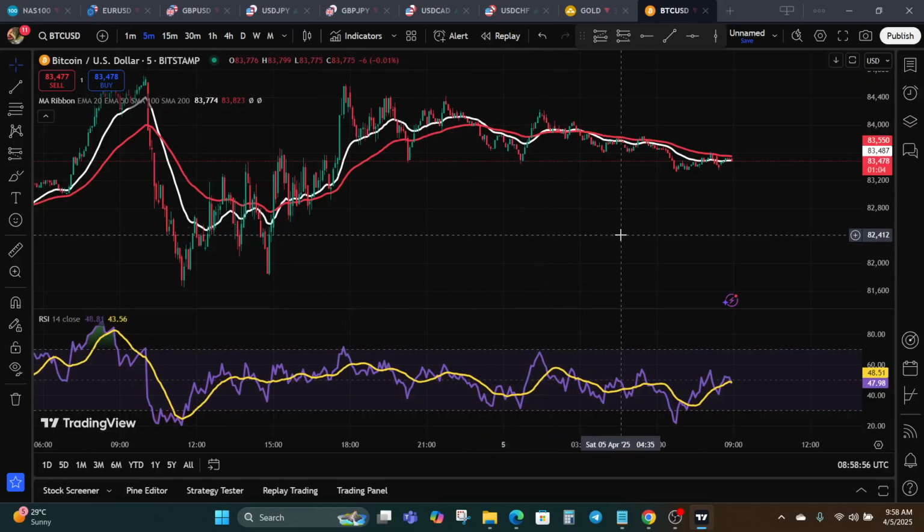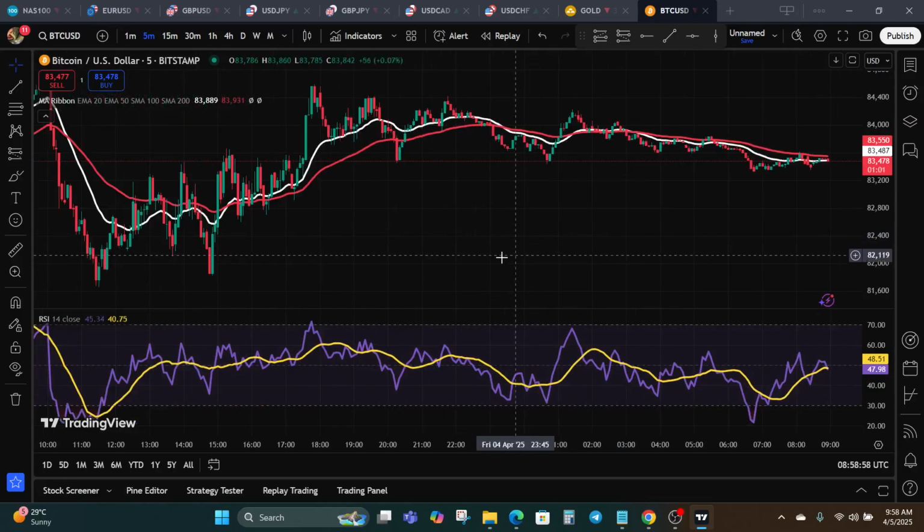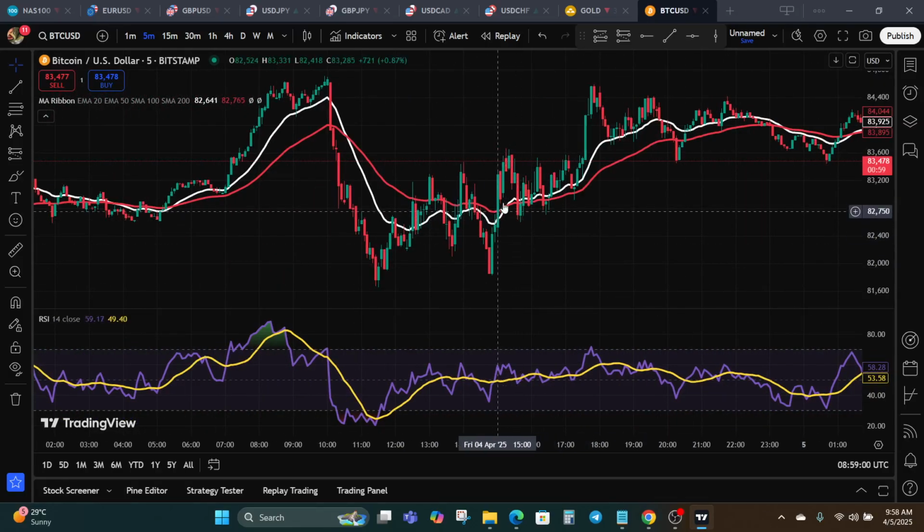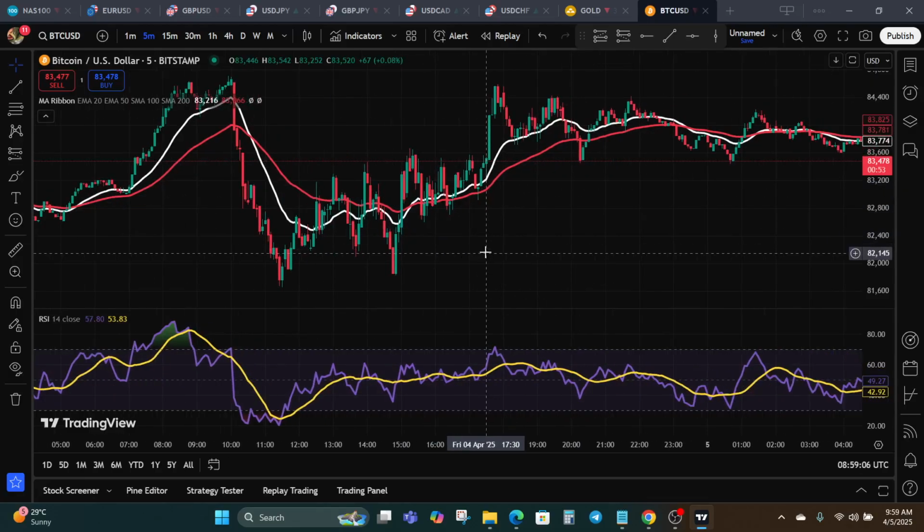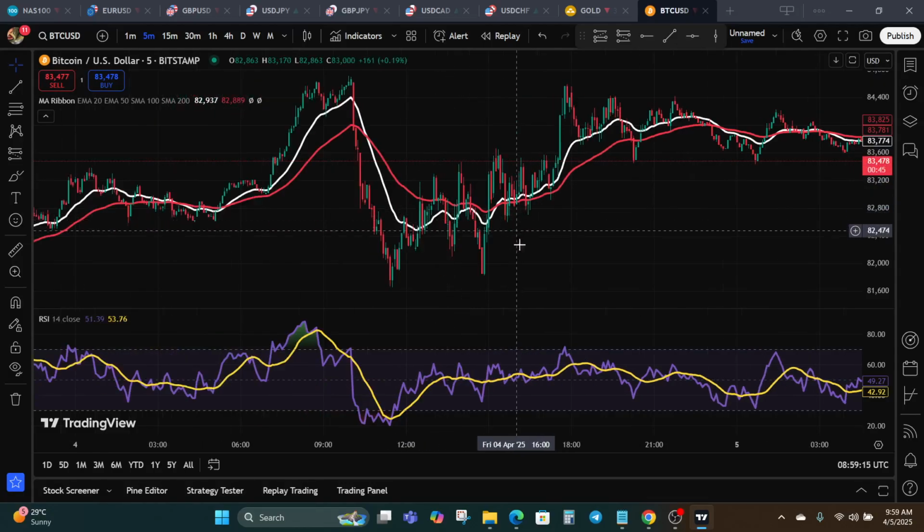So for your buy setup, when the 20 EMA is above the 50 EMA, it's a buy signal. Then you look out for price pulling back toward the EMAs. Wait for price to pull back toward the EMAs, and then you ensure that the RSI stays between 40 to 60, or crosses above the 50 from below.